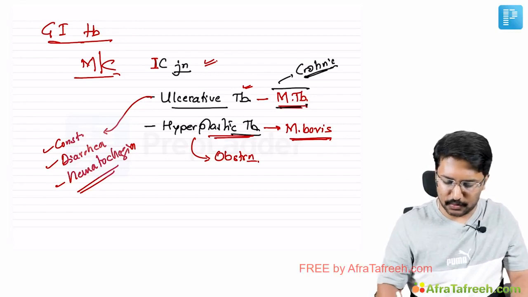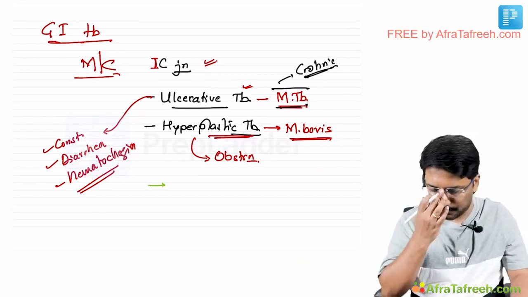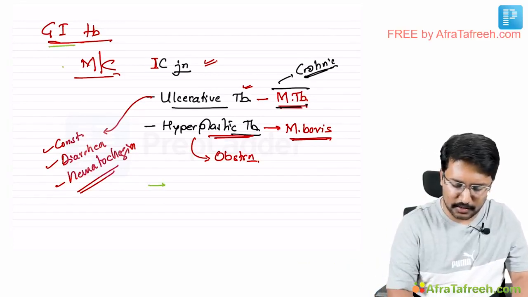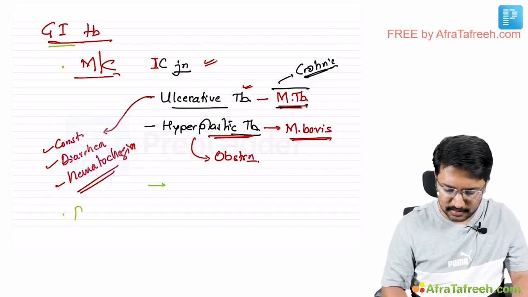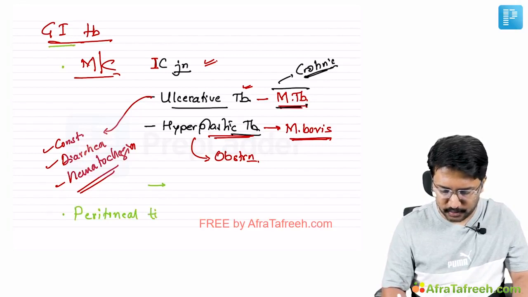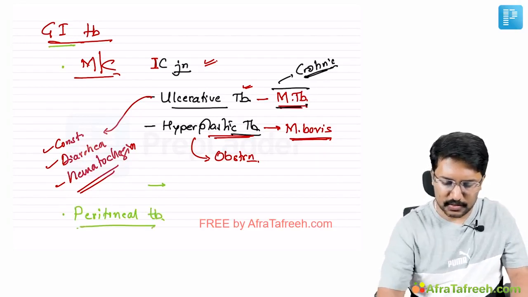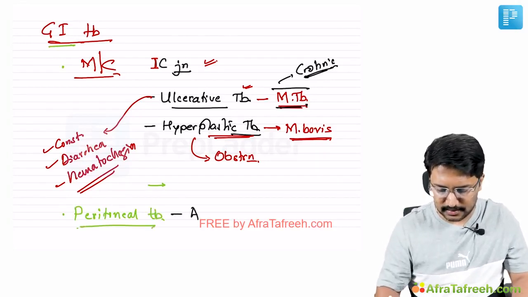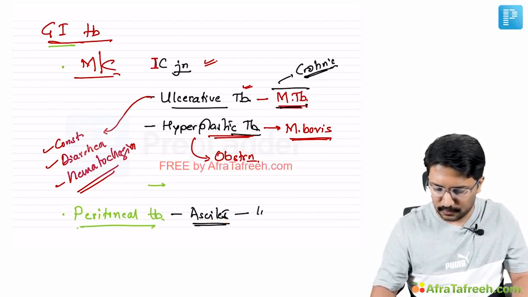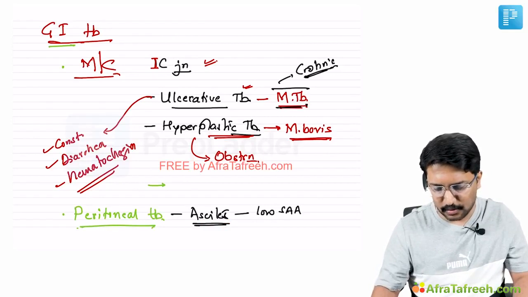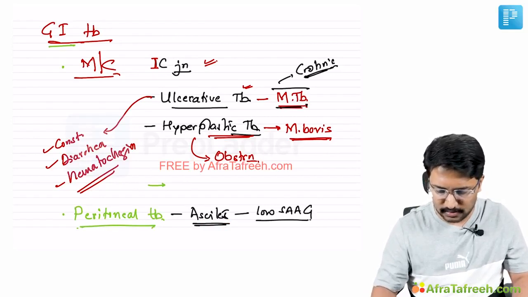Okay, so that is about intestinal tuberculosis. When we talk about GI TB, intestinal tuberculosis is not the only thing. These patients can develop peritoneal tuberculosis, which can lead to development of ascites. This ascites is usually associated with a low SAAG score, because this is not a portal hypertensive cause for ascites.